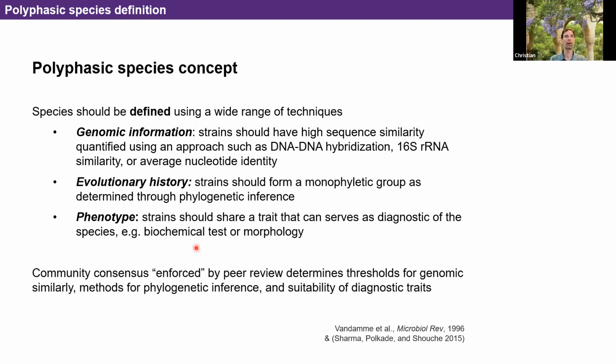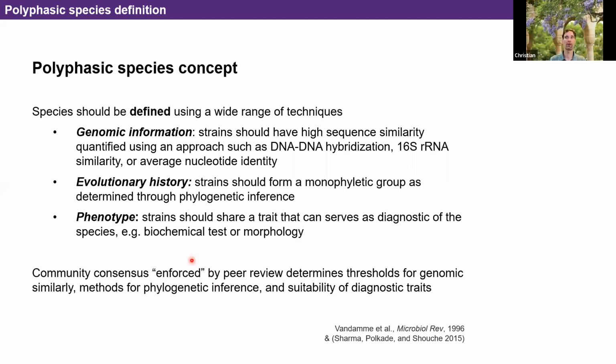That could be a biochemical test, maybe they can degrade or produce a certain substance. It could be characteristic morphology, right? That additionally enhances the species concept. And as I said, there is a community consensus right now, and that is usually enforced by peer reviews, right?